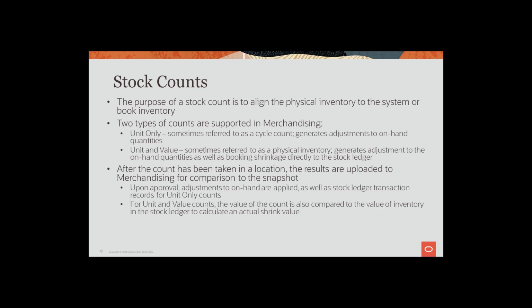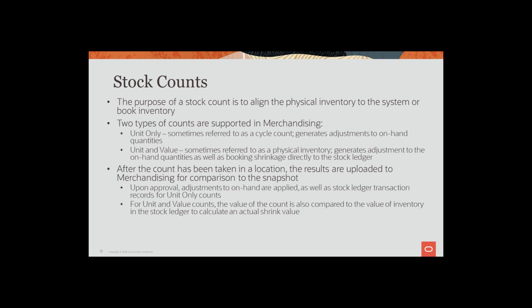Merchandising assumes all counts occur when a location is closed for other transactions, such that a snapshot of inventory can be taken. This snapshot contains the on-hand and in-transit inventory values, as well as the current inventory cost and retail. Once the count is complete, count results are uploaded to merchandising for the comparison to snapshot.